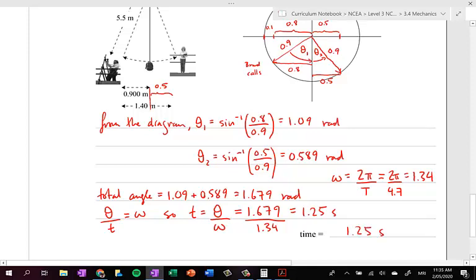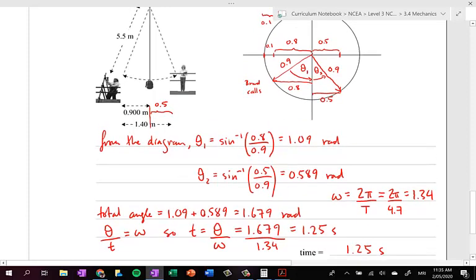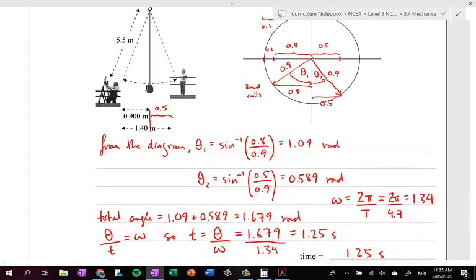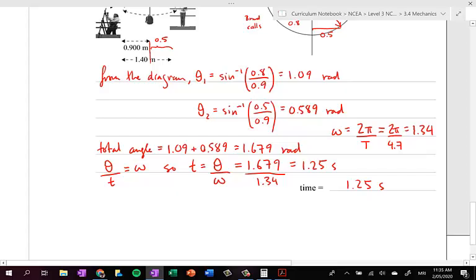And we should just check that that sort of makes sense. We know the period is 4.7, and this angle here is going to be, it looks like it's kind of close to a quarter. So it's a little bit more than a quarter actually. And that makes sense, that it should be like a little bit more than a quarter of a period.